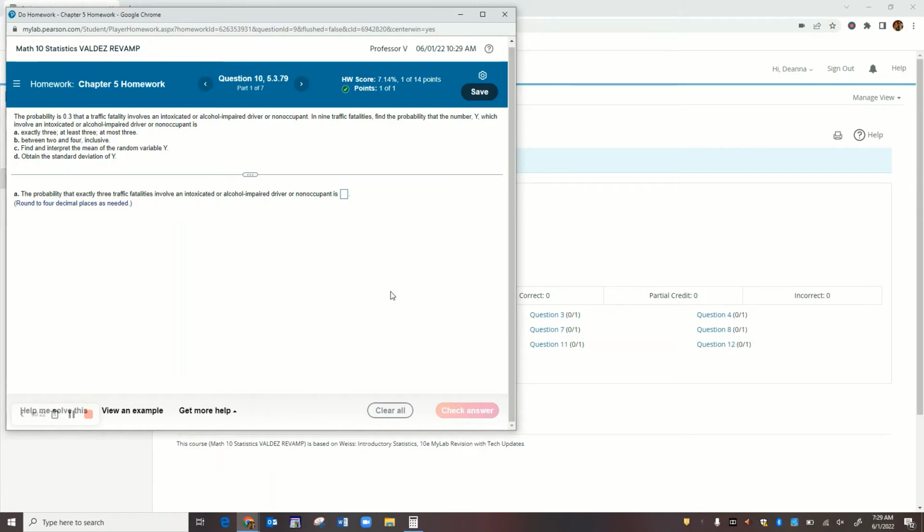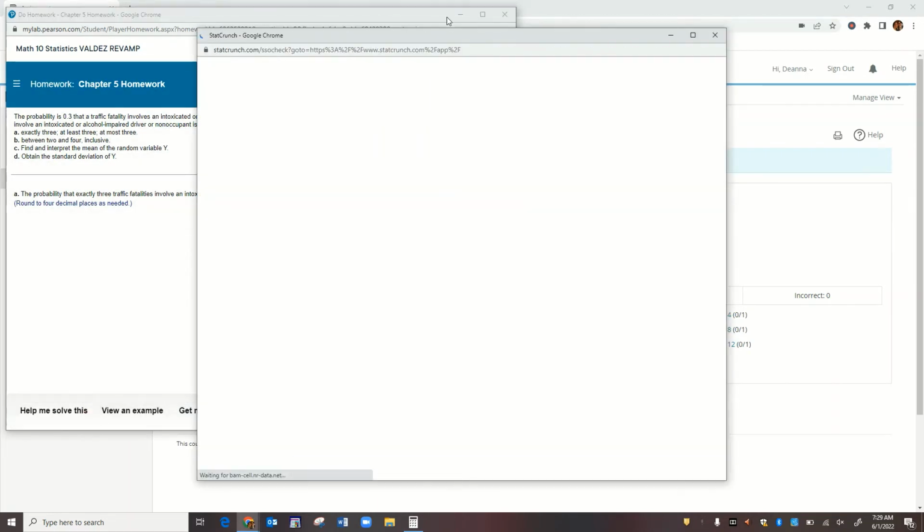In 9 traffic fatalities, find the probability that the number y, which involve an intoxicated or alcohol impaired driver or non-occupant, is. Part A says exactly 3, at least 3, and at most 3. So there's no data table to click in this exercise that's going to prompt you to go to StatCrunch. So you're going to need to go down here where it says get more help and then click StatCrunch. That'll always be there for you.